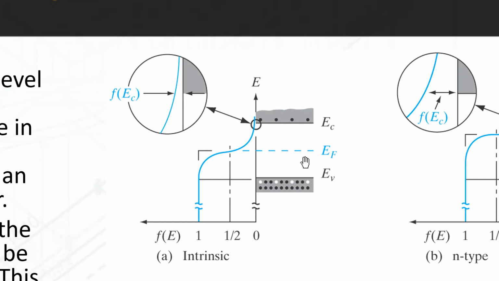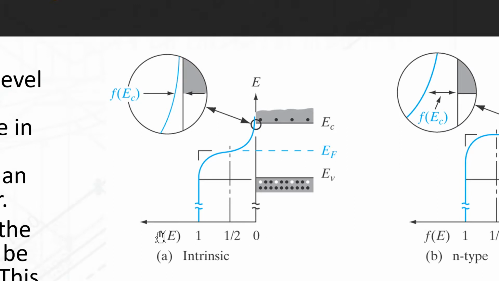In an intrinsic semiconductor, as I mentioned, the Fermi level is right in between EC and EV. What this is showing you is the Fermi function with the blue line here. Energy is going up and down, and the Fermi function is going left and right here.